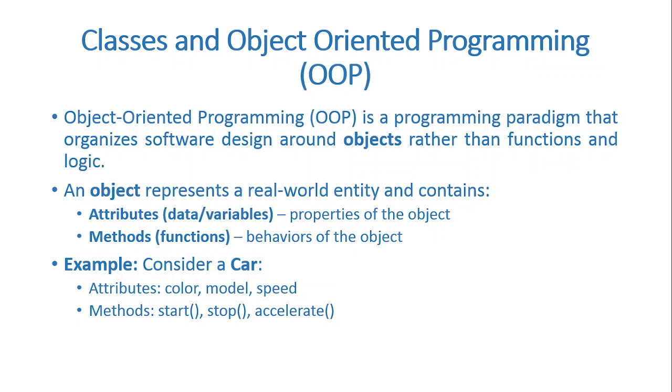Let us consider an example to program a car. How will we program a car? Assume you are using the procedural style of programming. Initially you will create some variables for the car.